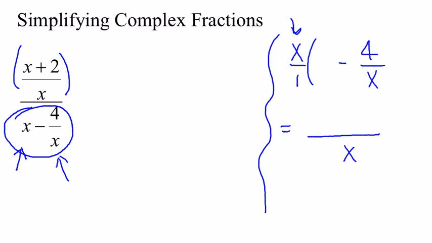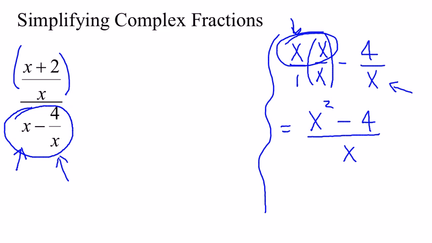So I'm just going to go ahead and multiply by 1 in a really fancy way of saying x divided by x. So multiplying across the top, we have x squared, and we don't need to do anything with this fraction considering this already has a denominator of x, so we can go ahead and just bring down the negative 4.